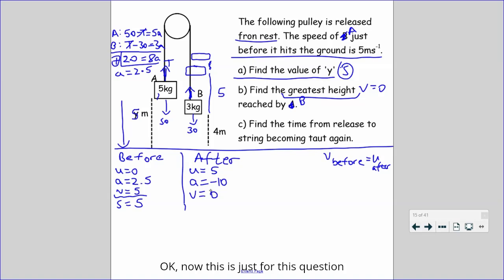Okay, now this is just for this question, part B. It might not be applicable for C. And they want you to find the height. Height means S. Okay, so V square equals U square plus 2AS.